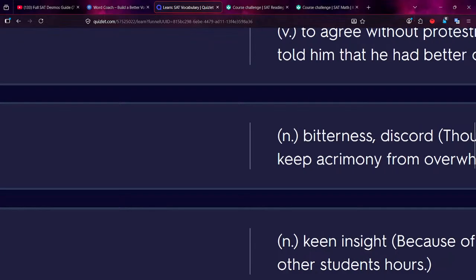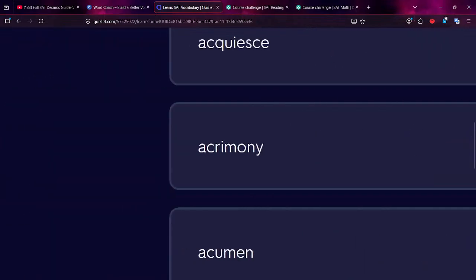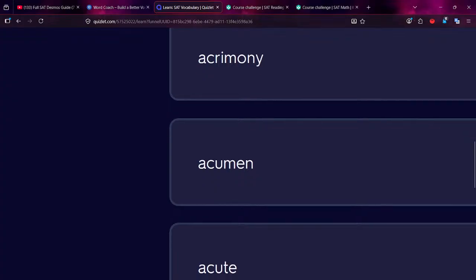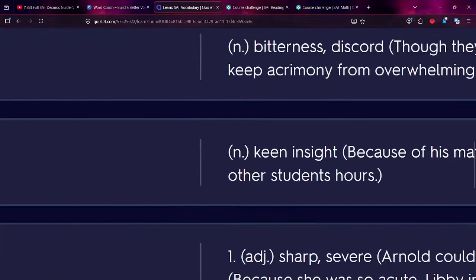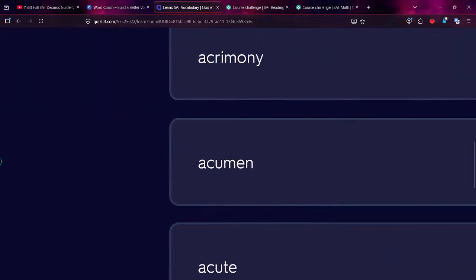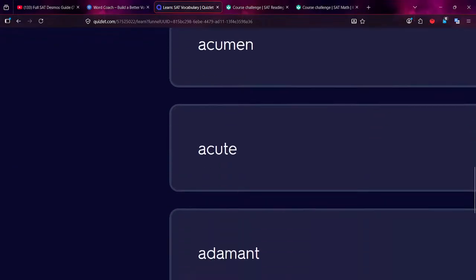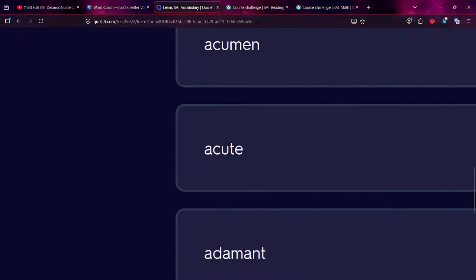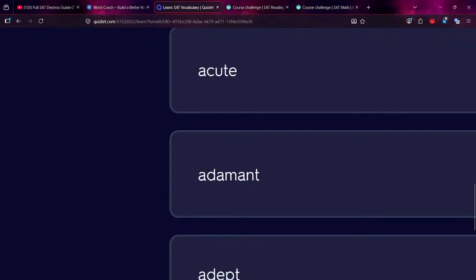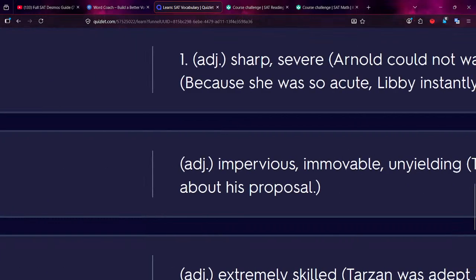Bitterness, discord can be acrimony. Acumen means skill. Keen insight. Acute is going to be sharp, intense. Adamant means you're consistently unyielding.